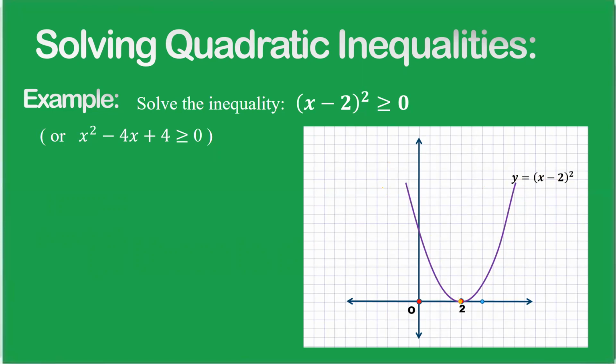And here, if I take any number which is greater than 2, for example the number 3, the value of the function becomes positive. It is actually 1. 3 minus 2 is 1, 1 squared is 1. And also here you may take another number, so it becomes positive again.